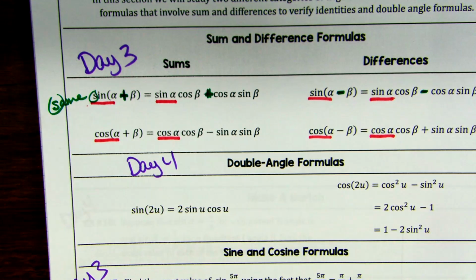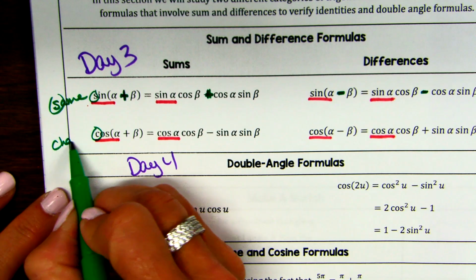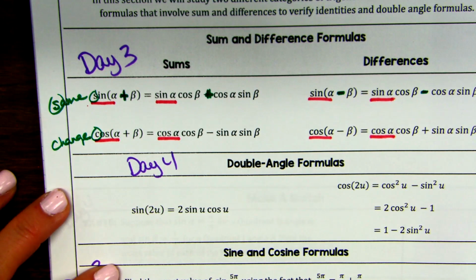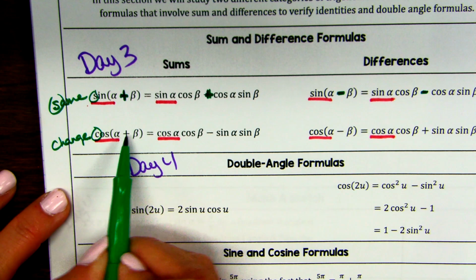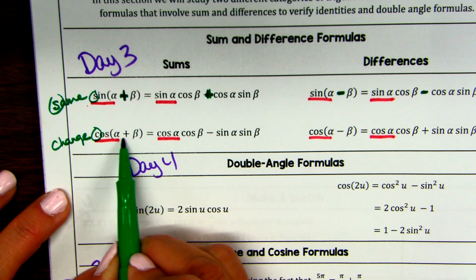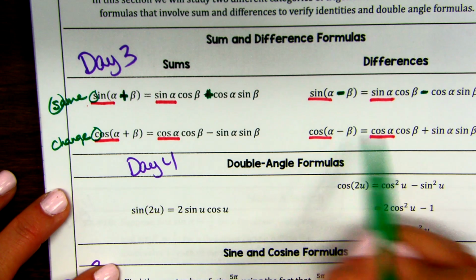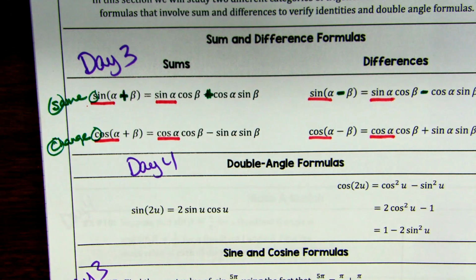And luckily, cosine starts with a C, which also is change. So cosine's sum formula, when you expand it, has a different sign, subtraction. So change from plus to minus, from minus to plus. So remember S and C to help you with that.